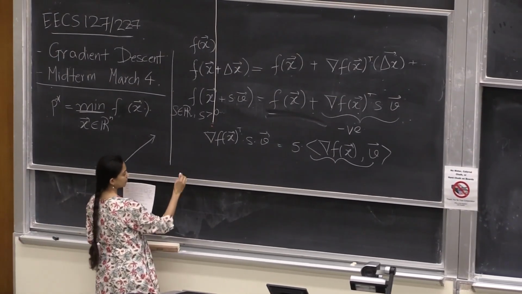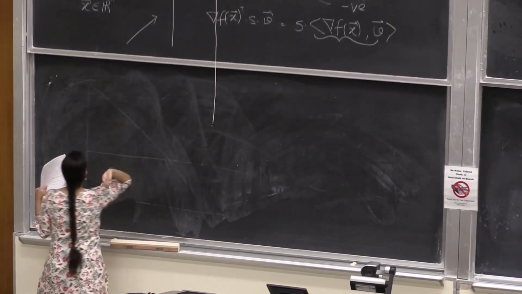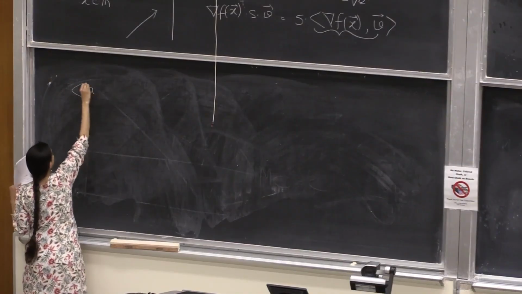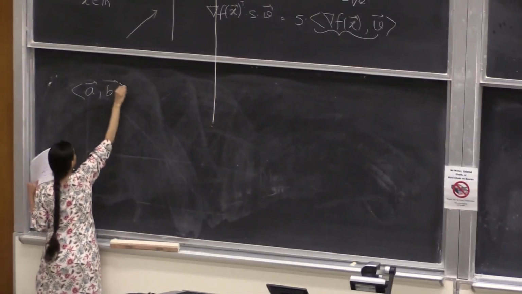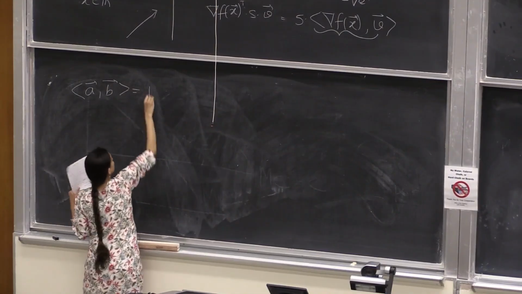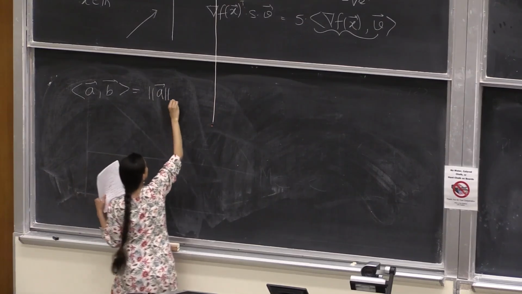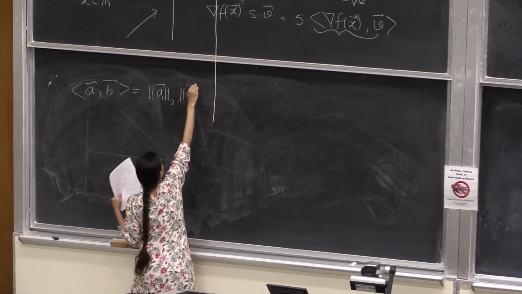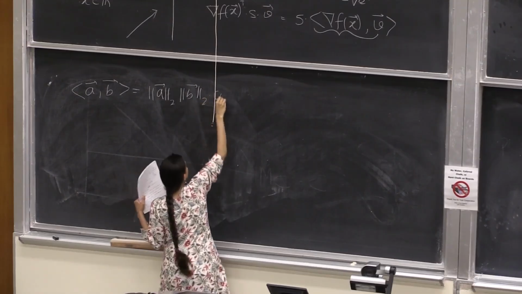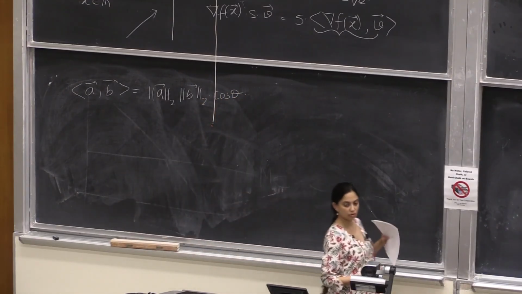Just remember, right? So let me just write this here. If I have two vectors A and B, what is their inner product equal to? Norm A, norm B times cosine theta, which is the angle between them, right?